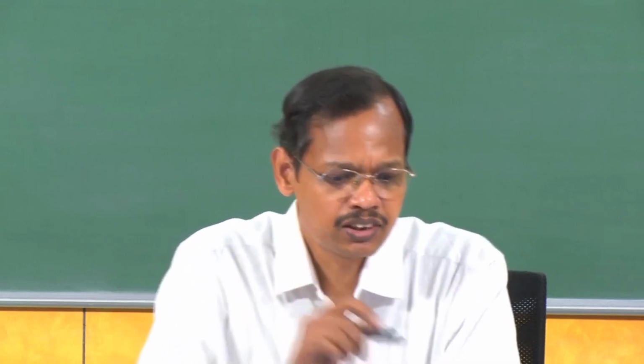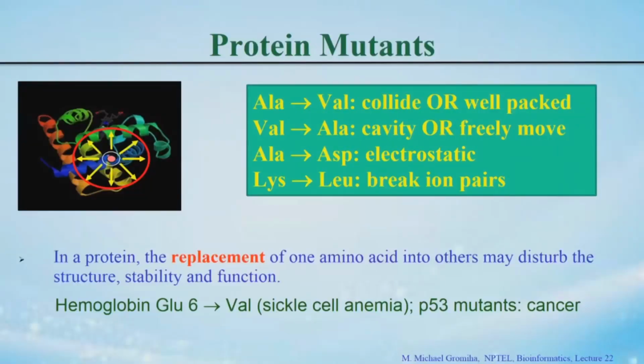So, if you mutate alanine to valine, either this will make a collision, steric hindrance, or it can be well packed depending upon where the alanine is located and how much space is available nearby this residue.